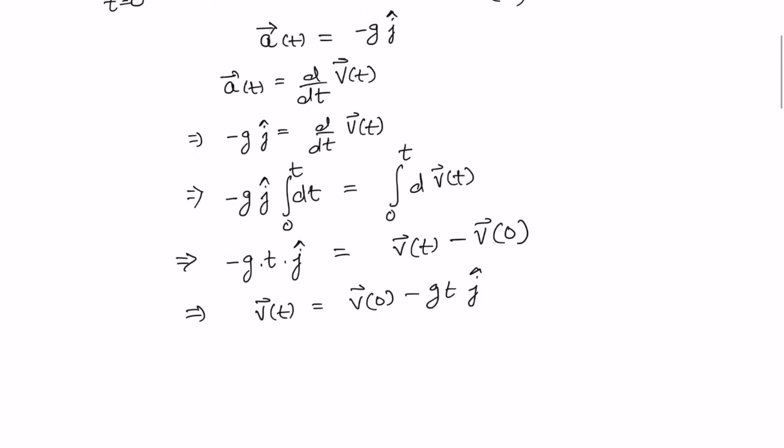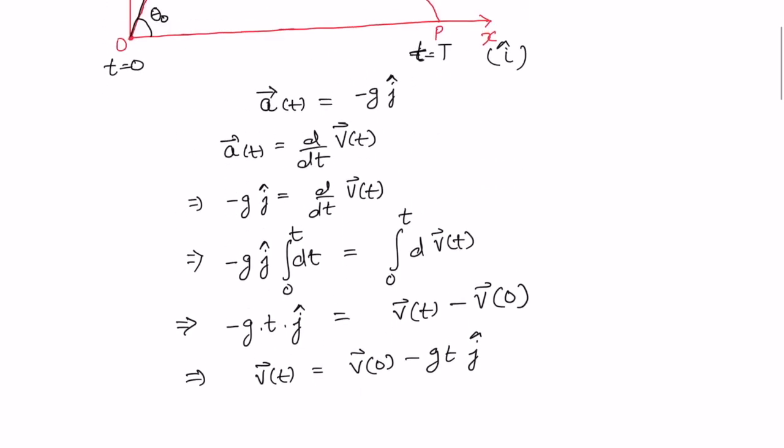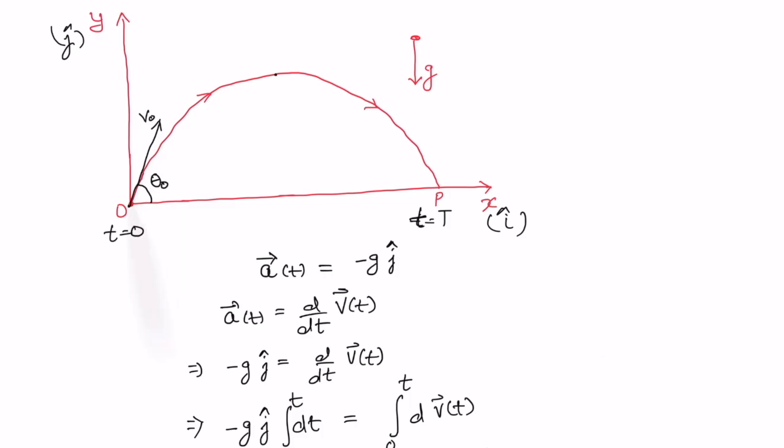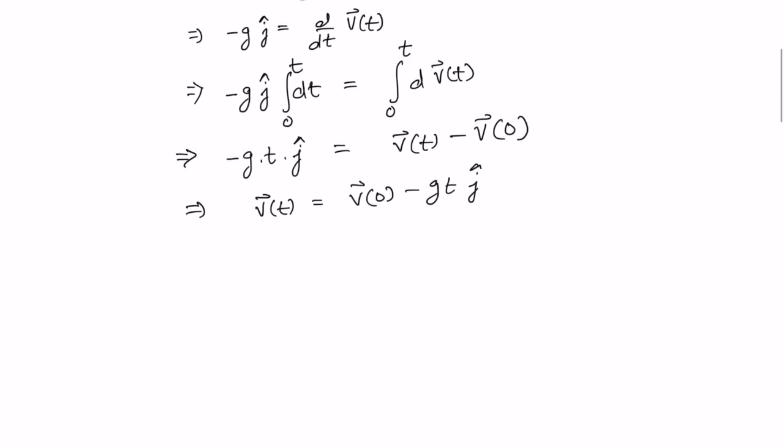Now let's think about what is the velocity vector at time 0. Time 0 is when this object has been launched at angle theta naught with speed v naught. So if we analyze that, this is the x direction, this is the y direction, this is the velocity vector at time 0, magnitude is v naught, and this is angle theta.